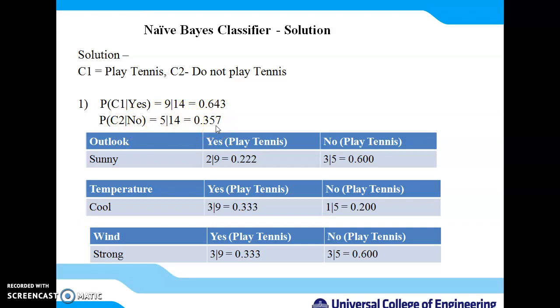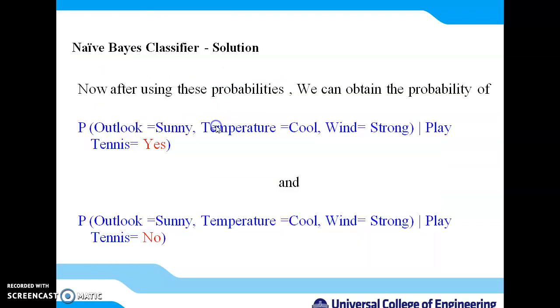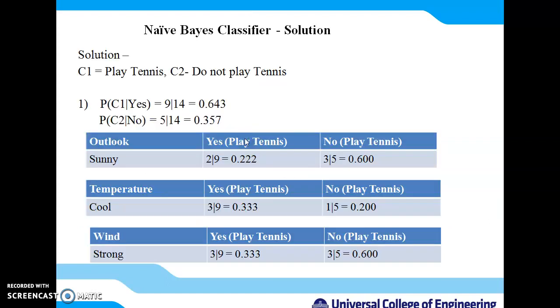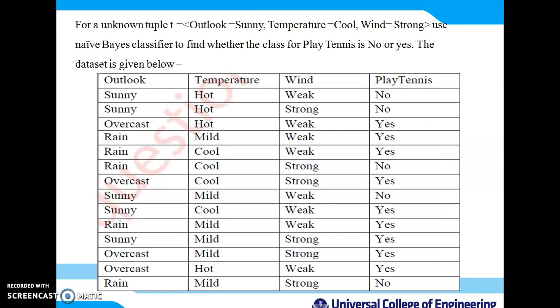Now what do we have to do? They have provided us the simple condition: outlook is sunny. For this sunny value, we are going to decide how many yes and how many no there are. So let's count here.